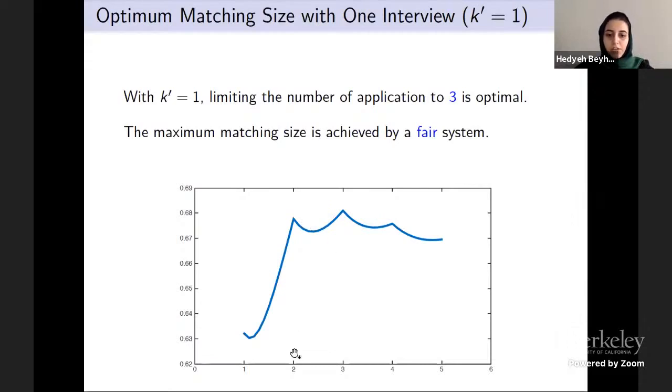And more particularly, for example, if everybody is applying to 2 positions, if we favor a group of people and let them apply to 1 more position, or if we discriminate against a group and let them apply to 1 less position, the size of the matching is going to decrease.